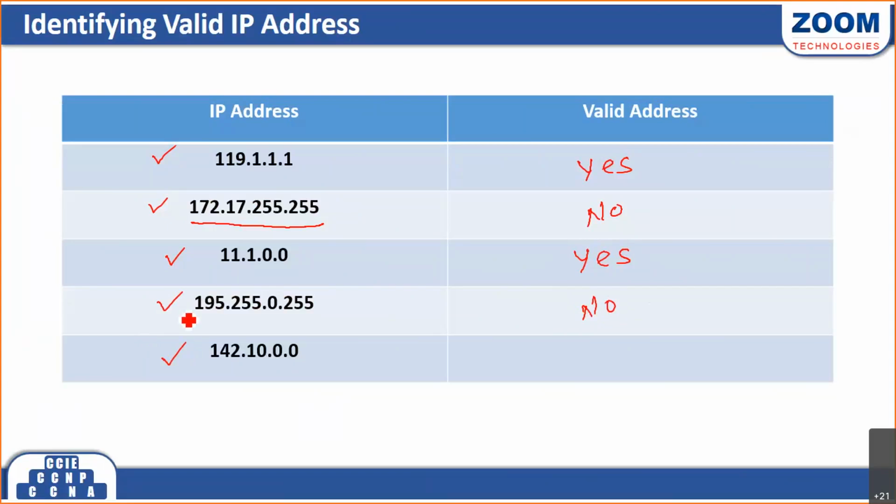Why? It's a network ID. It's a class B network ID. 142.10.0.0 is a network ID of class B. So we got to know about all the logics in IP addressing.